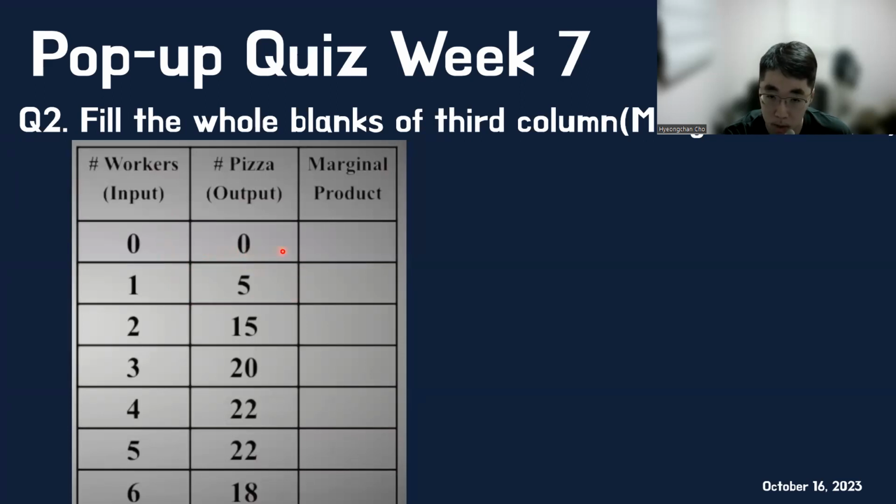With this calculation, we can say that the marginal product is the additional product when one worker is added. So you can easily fill the whole blanks of the marginal product column. Let's check the next one.